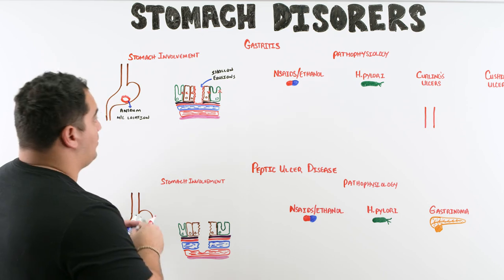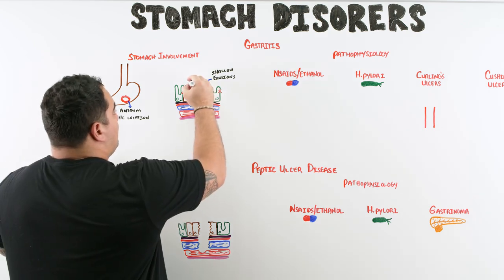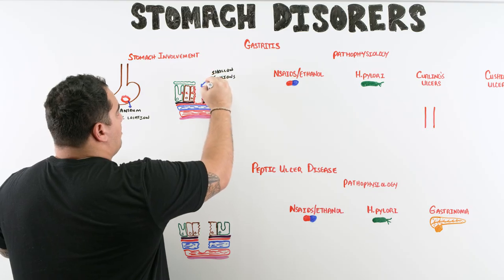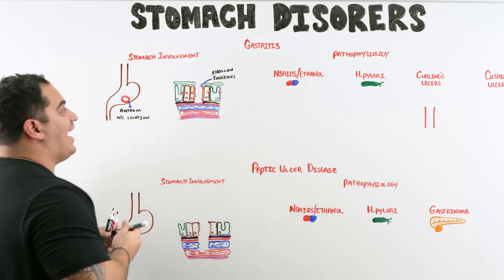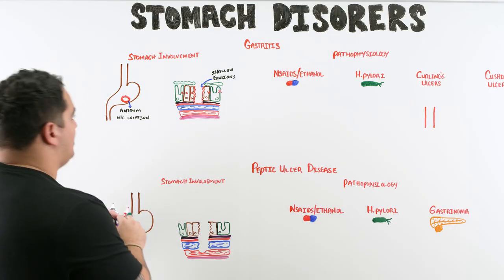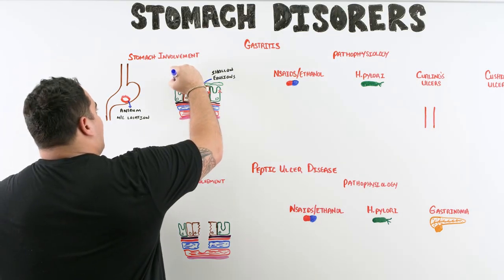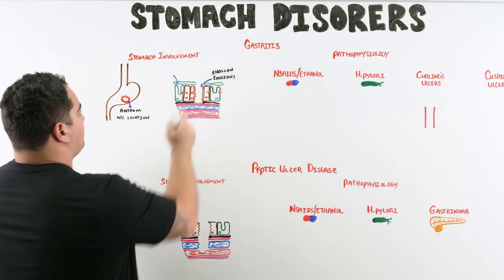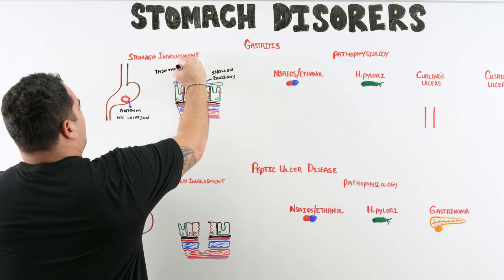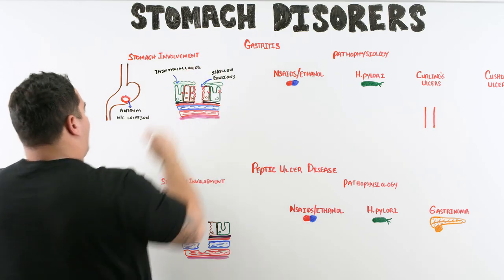And another thing that's really important here is that there's a generalized mucus layer that's supposed to neutralize the hydrochloric acid that's present inside of the stomach. And what we see in these patients is they also have a very thin mucus layer. So they have a thin mucus layer. That's another one.